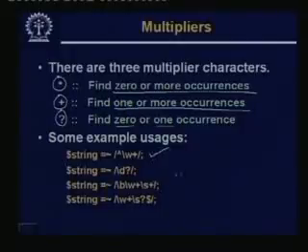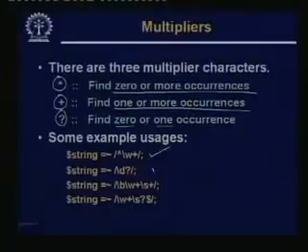First one: within slashes, caret means beginning of the string, then a word character followed by plus, which means the string must begin with a word character and there must be at least one character after that, because plus means one or more characters.